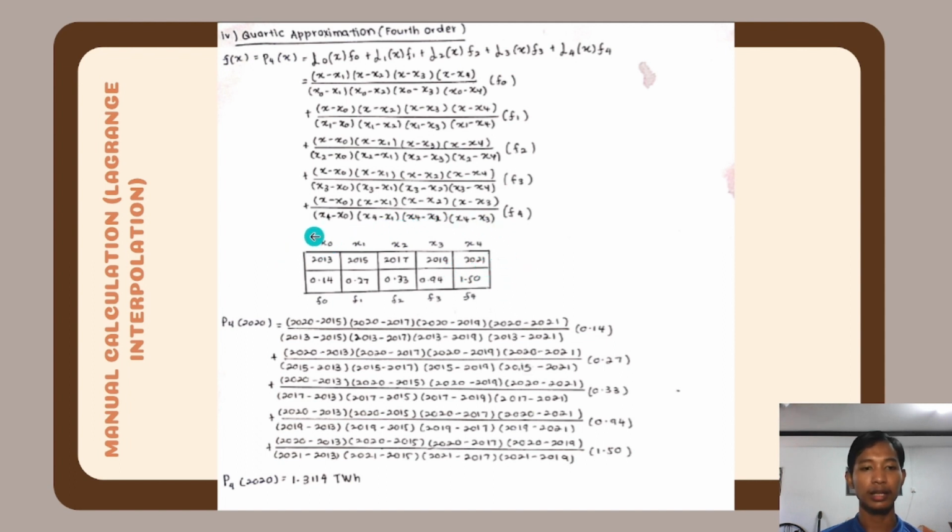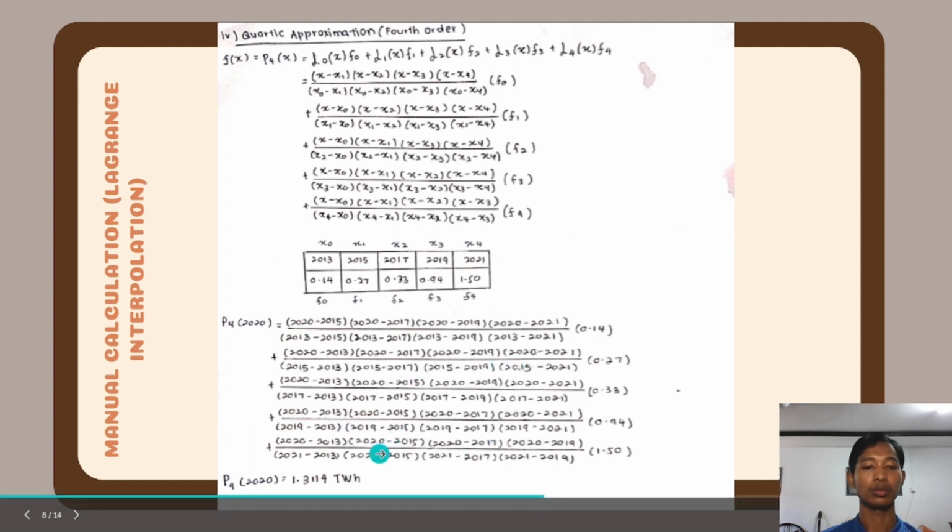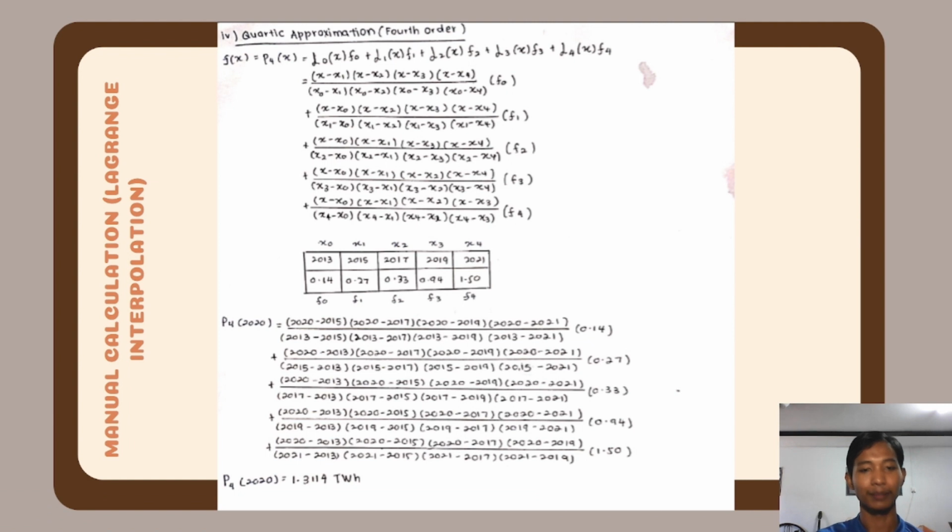The years will be the X and the electricity generation from solar will be the F. We just put the data into the formula and then we get 1.3114 terawatt hour. Alright, next I will show you the simulation for Lagrange interpolation.